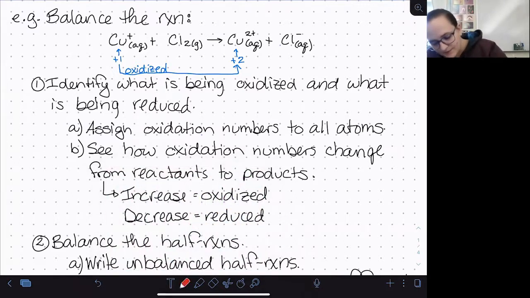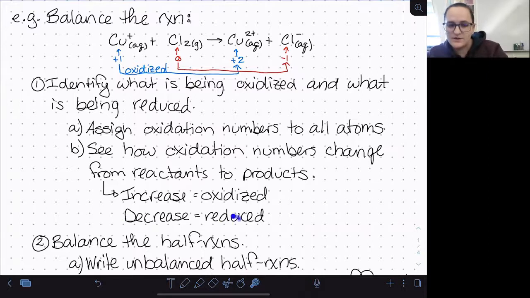For the chlorine, we're starting out with an oxidation number of 0 and ending up with an oxidation number of -1. Our oxidation number has decreased by 1, which means that our chlorine has been reduced. So you should always find one thing is oxidized and one thing is reduced.